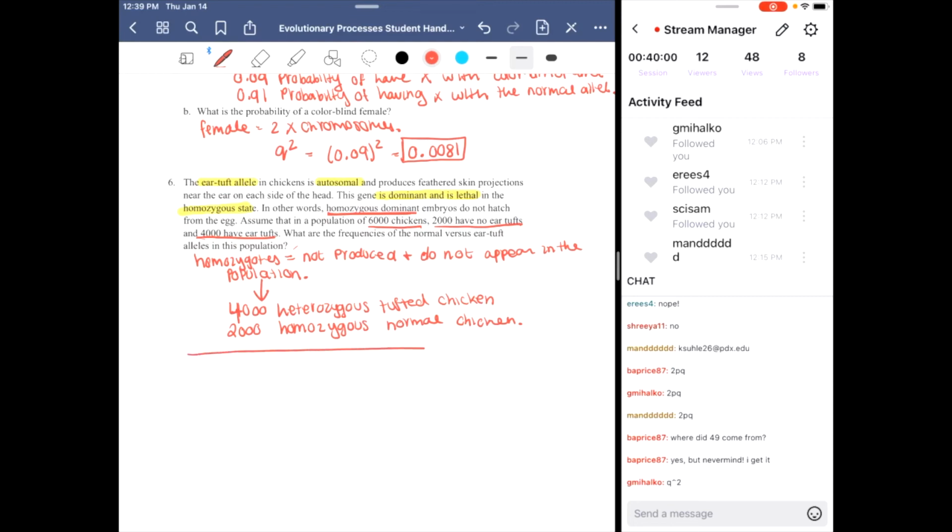So let's make a table. We have 4,000 tufted, 2,000 normal, and then we're looking for the total alleles, and then the allele frequency.